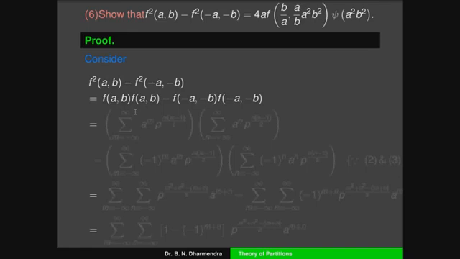If p is equal to ab, the theta function can be written as summation n running from minus infinity to plus infinity a to the power of n into p to the power of n into n minus 1 by 2.